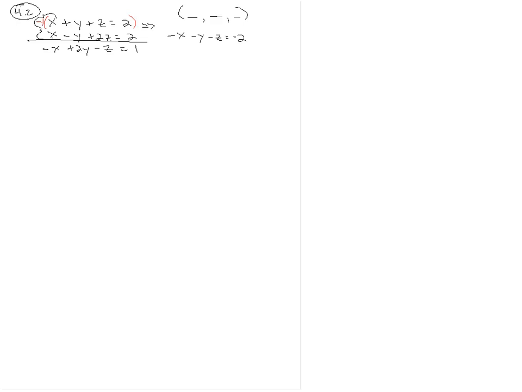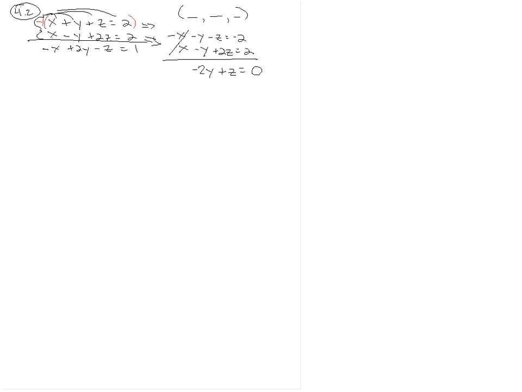I distributed the negative 1. This does not change: x minus y plus 2z equals 2. The x's cancel out. You get negative 2y plus z equals 0 when I add them together. Negative 1y and negative 1y is negative 2y. Negative 1z and positive 2z is 1z, and negative 2 and positive 2 is 0.